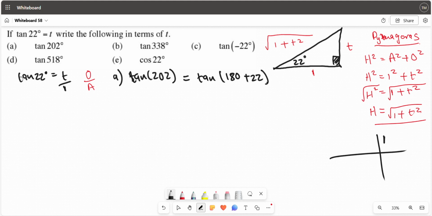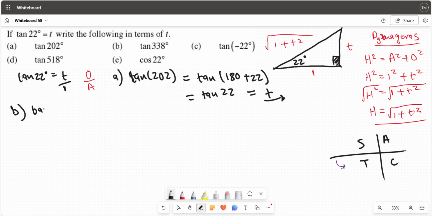And we do need our CAST diagram. 180 plus puts me into this quadrant there. What is tan in that quadrant? Tan is positive, so this ends up being tan 22 degrees, and that is easily equal to t. So that is A.